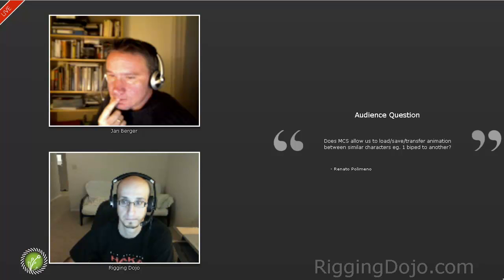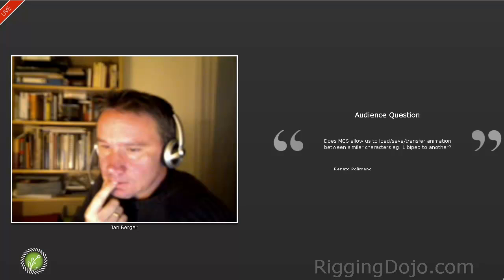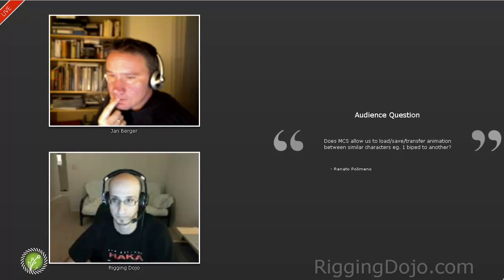It's also a personal project of mine to bring it into MCS to manage all these things. But sooner or later there will be a decent animation transfer tool. Yeah, cool. Any more questions?